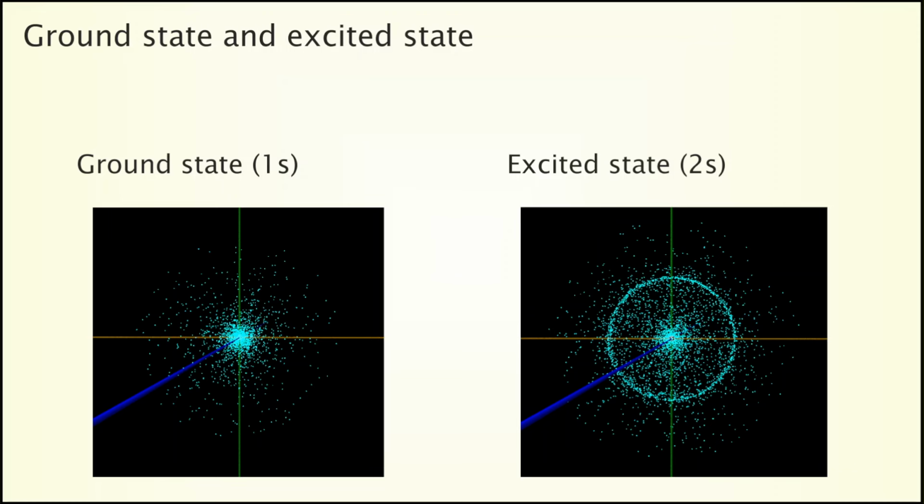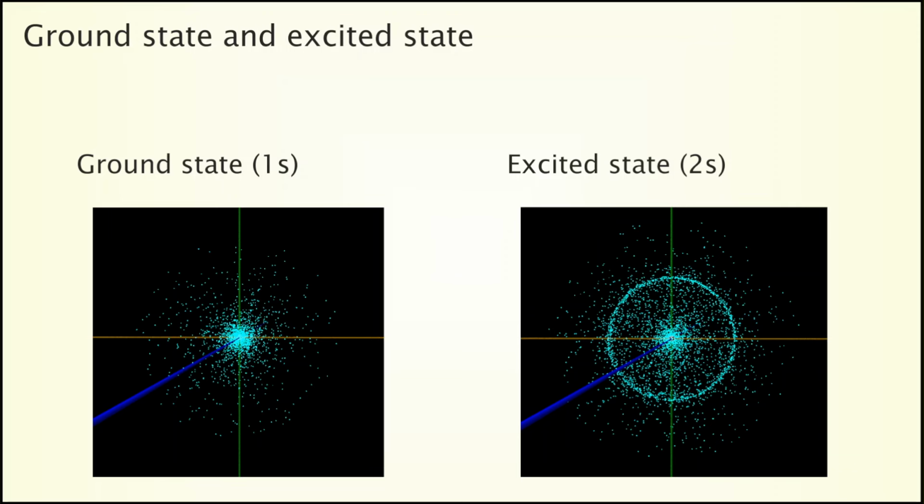This is the reason why there's more energy in the excited state, because the electron is further apart from the nucleus. But on the other hand, you see this is not the only difference between the two states. The distribution of probabilities looks pretty much different in the excited state from the ground state.